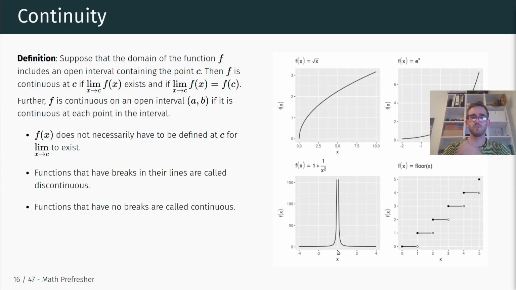That's the intuitive way of describing this, but essentially what we also see is that the limit of f of x as x approaches 0, of course, exists. That's infinity for this function, but it is not equal to f of 0, because f of 0 in this case does not exist. So that means we have a point where the function f of x equals 1 plus 1 over x squared is not continuous. Same for the floor function.